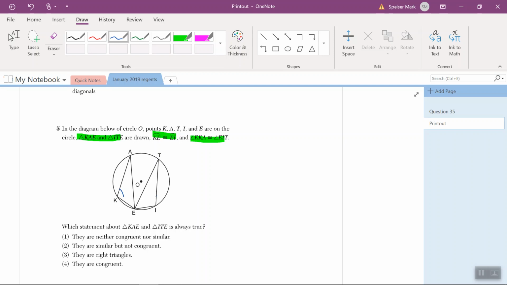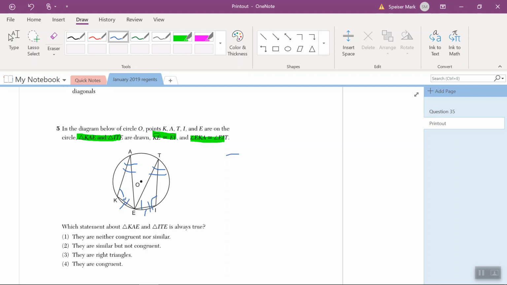The angles are the same, the arcs are the same. If those arcs are the same, the inscribed angles opposite them, angle KAE and angle ITE, are the same. Also, if the arcs are the same, the segments opposite them, KE and IE, are the same.